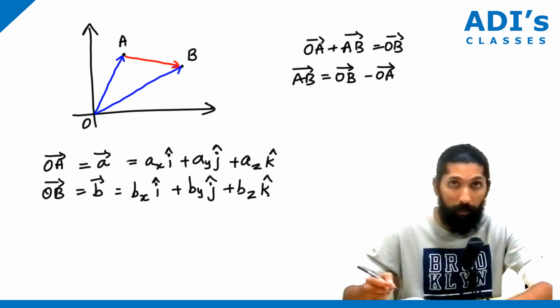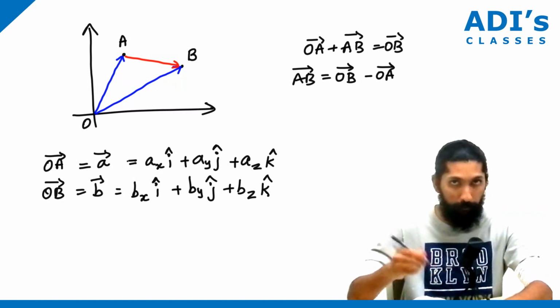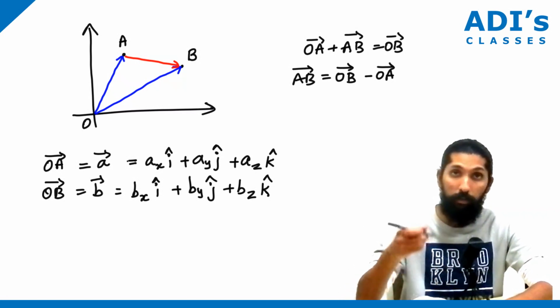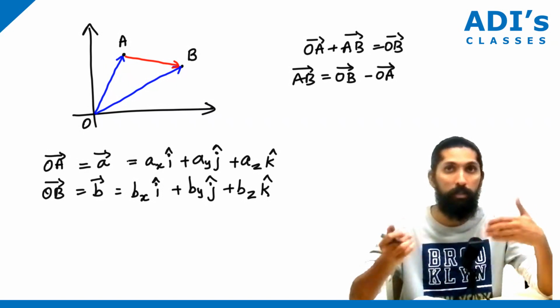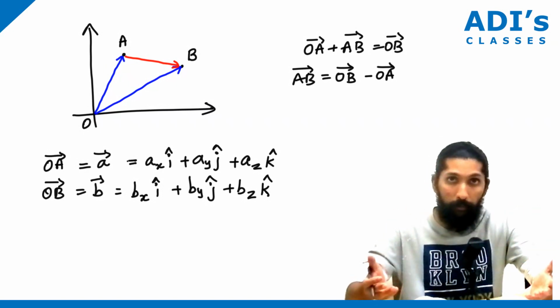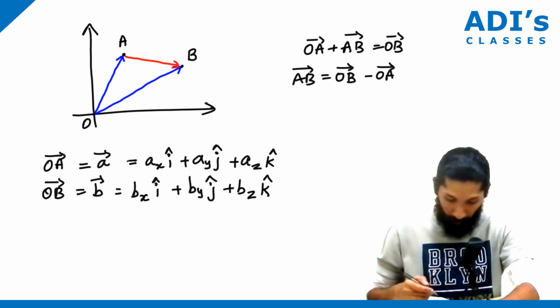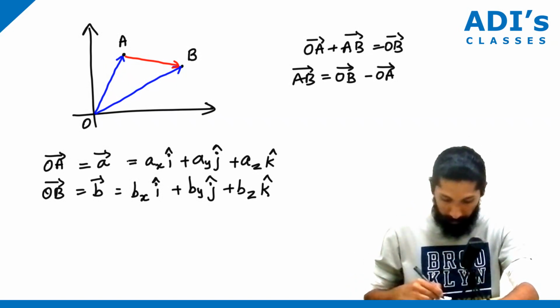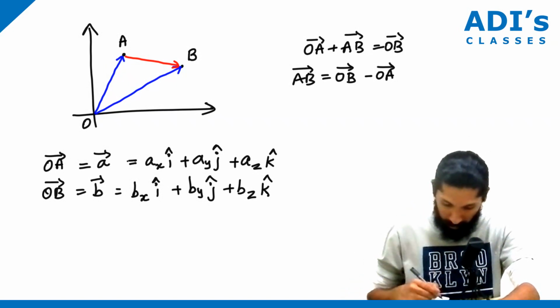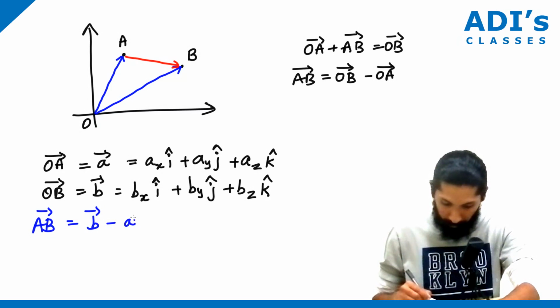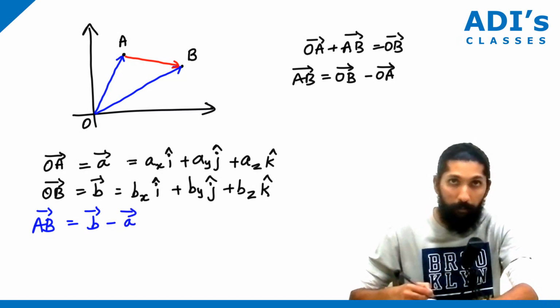If we do the same thing using the components, because components is what we have for a vector, isn't it? So AB is equal to vector B minus vector A, because that's OB minus OA.